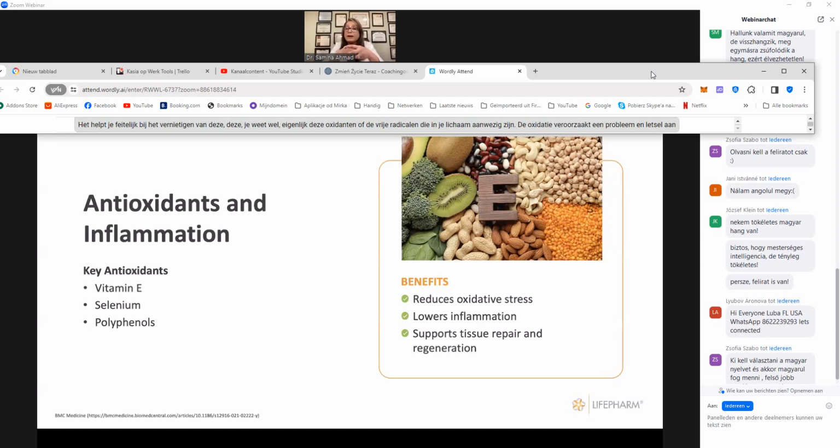So these free radicals need to be counteracted with the antioxidants. All the damage caused during inflammation is because of those free radicals, and we need to literally minimize that. So these are the key antioxidants: vitamin E, selenium, polyphenols, and they are found in this beautiful picture you see.